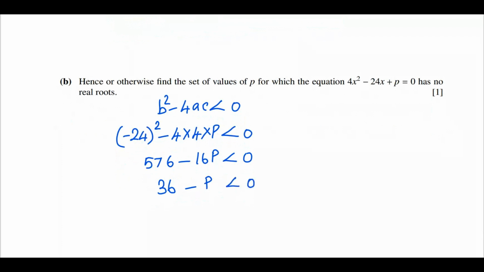If this expression has to be less than 0, then p should be greater than 36. Then only you will get a negative value, that is less than 0. So we can write p is greater than 36. So set of values of p is greater than 36.